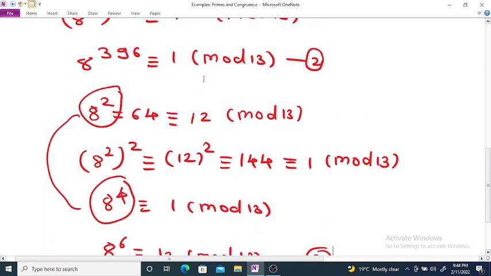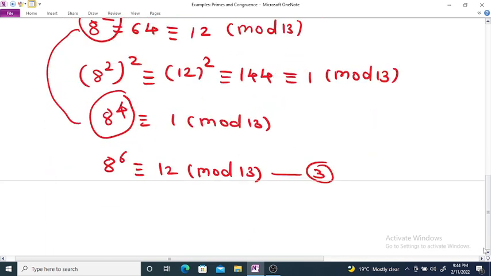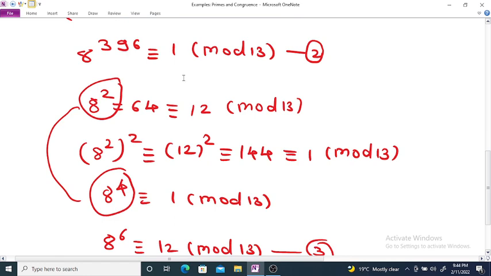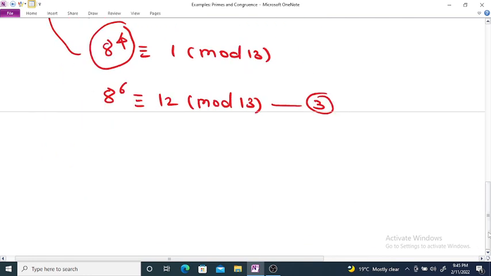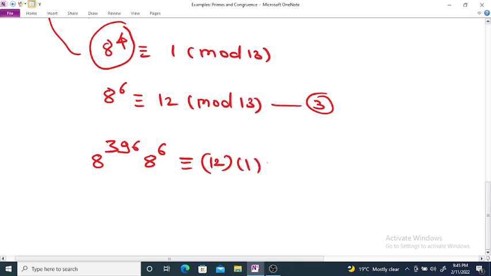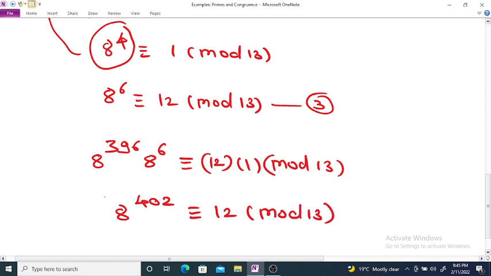So from equations 2 and 3 we can write: equation 2 is 8 raised to 396 congruent to 1 modulo 13, and 8 raised to 6 congruent to 12, so 12 into 1 modulo 13. So in total, 8 raised to 402 is congruent to 12 modulo 13.